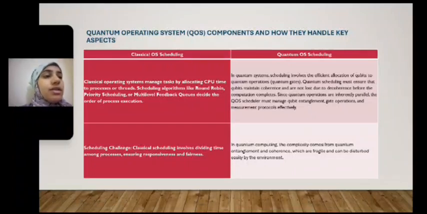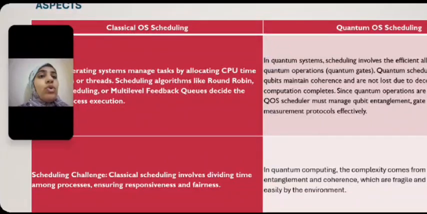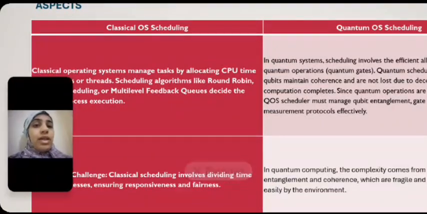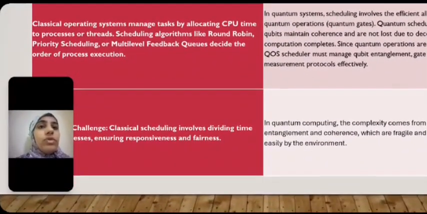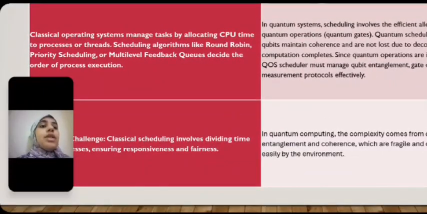And on this slide, we will discuss the quantum operating system components and how they handle key aspects. So, in the classical OS, scheduling: the classical operating system manages tasks by allocating CPU time to processes or threads, and scheduling algorithms like round robin, priority scheduling, or multi-level feedback queues decide the order of process execution.